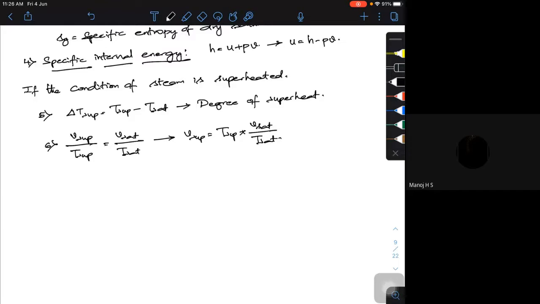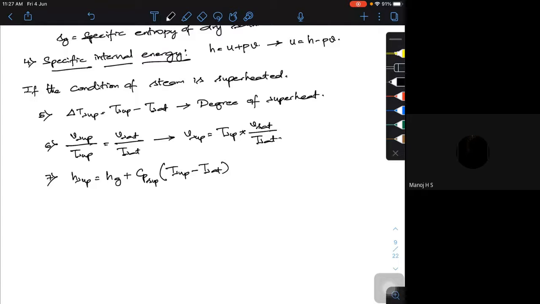Then to calculate the enthalpy of the superheated condition, H sup is equal to the enthalpy of the dry condition, that is Hg, plus Cp of the steam, we call it Cp for the superheated condition, into the difference of the degree of superheat, that is T sup minus T sat.